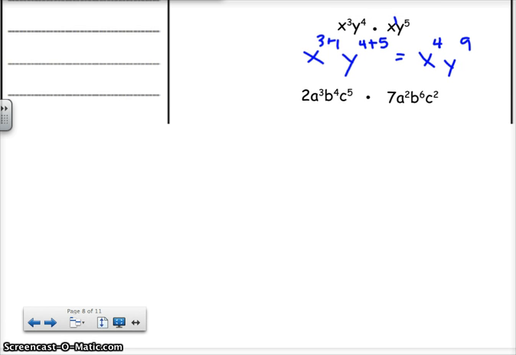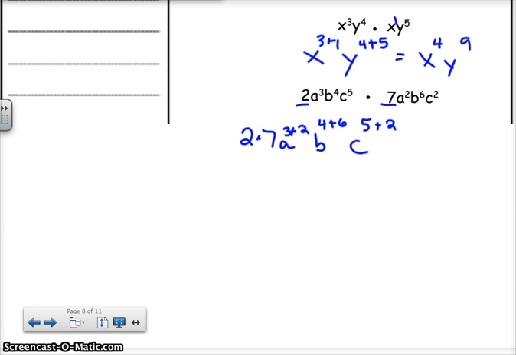This turns into, now I'm showing every step I'm doing here. 2 times 7, do you agree with that? Multiply the coefficients. A to the what? Tell me what? 3 plus 2. B to the what? 4 plus 6. C to the what? 5 plus 2.